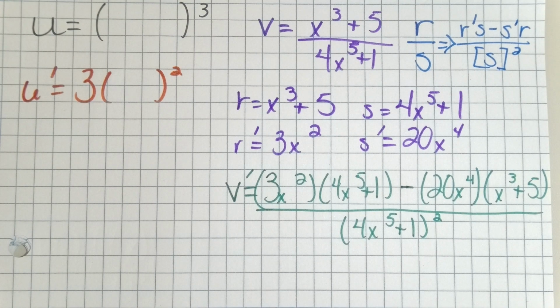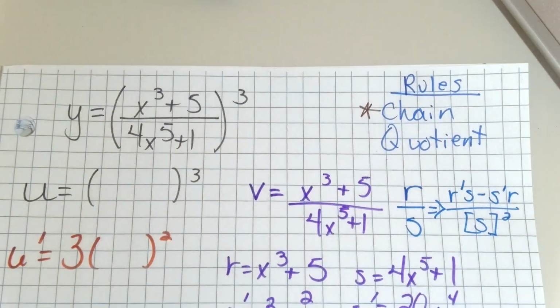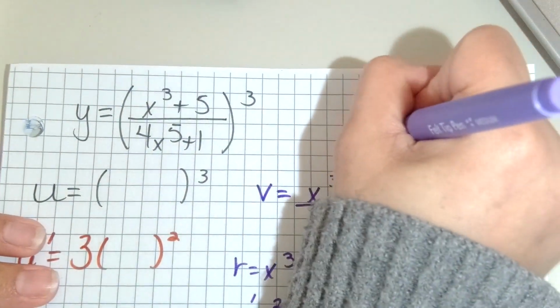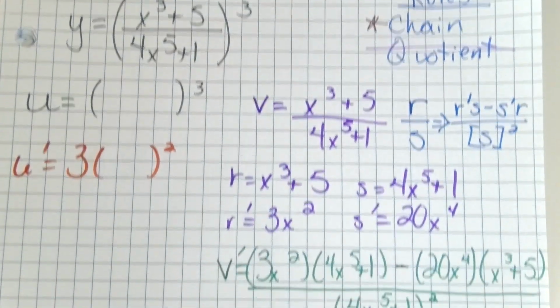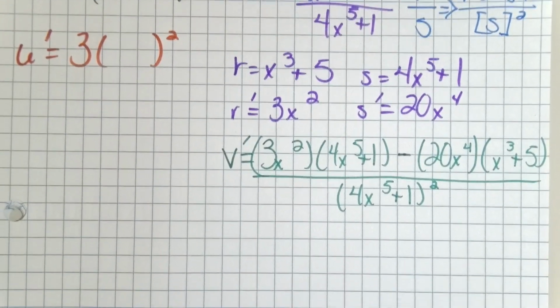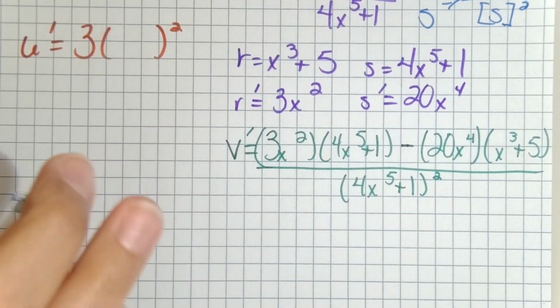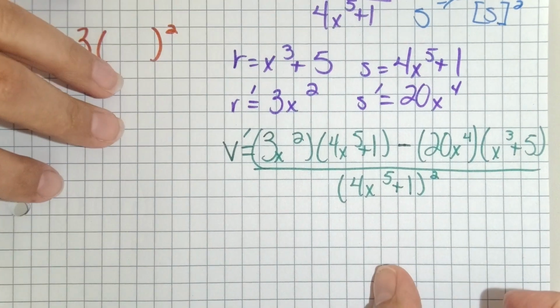Okay. So we have done quotient rule. Now we need to put it together with our main, which is chain rule. Okay. Here we go.